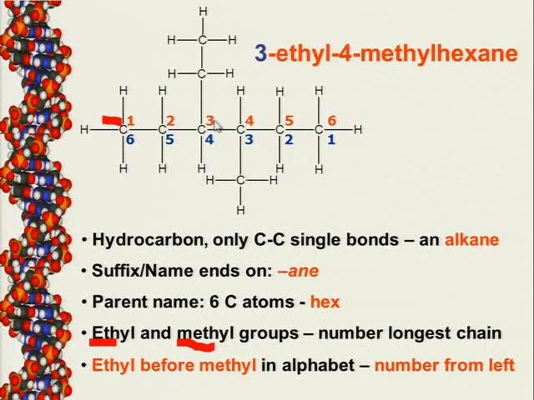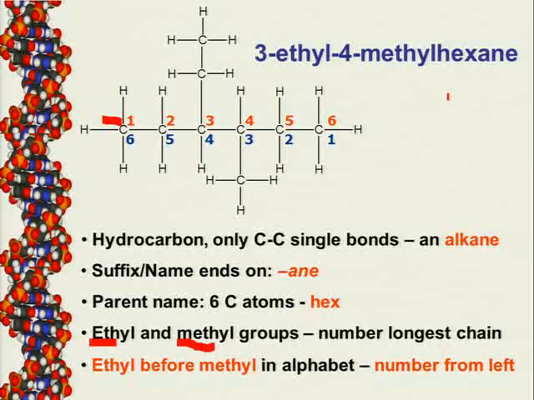And then at carbon number 3, we've got ethyl. At carbon number 4, we've got methyl. And then the parent name is hexane. So that is how you name your compounds. If you are given the structure and they say give the IUPAC name, that is how you must name the compound that is given to you.